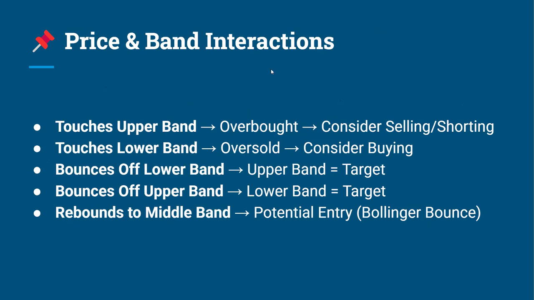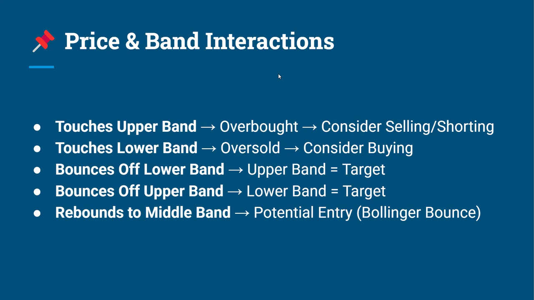Price and band interactions. Sometimes you might see the Bollinger Band placed horizontally. It will not be directed upwards or downwards. It will be horizontal. That means the price will be in a range type of movement.